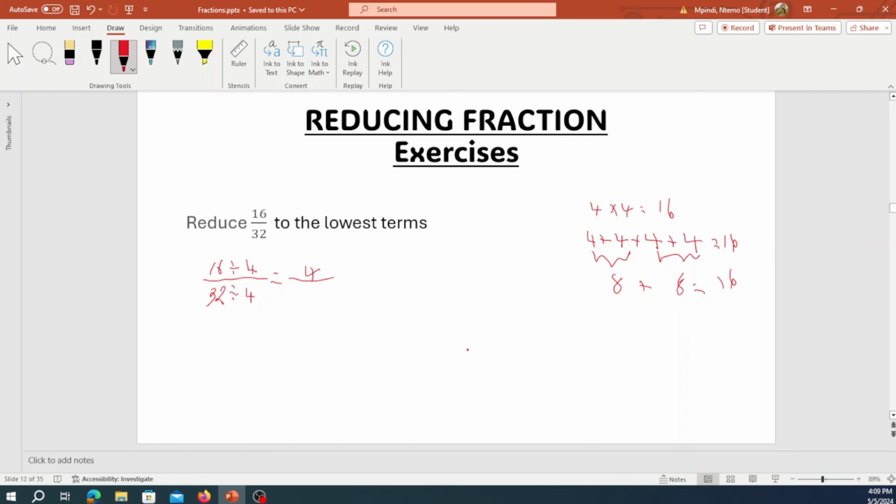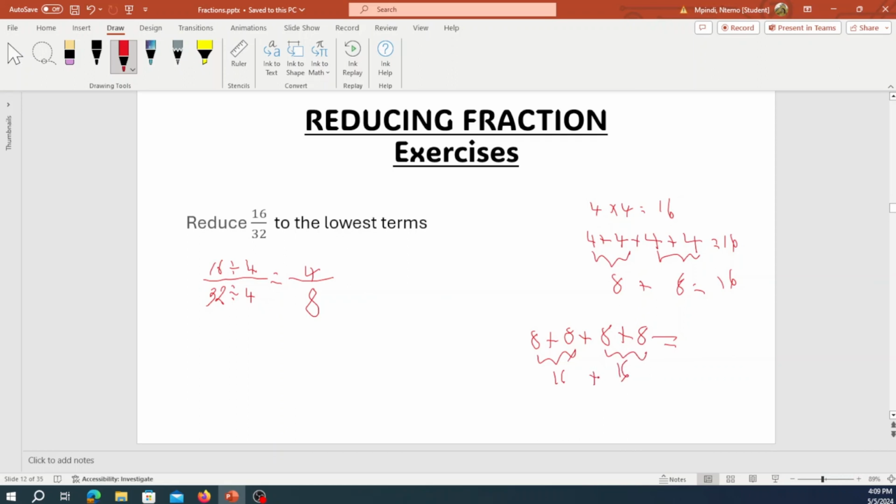So 32 divided by 4 equal what? Equal 8. Okay? Because when you put 8 plus 8 plus 8 plus 8, here 8 plus 8 equal 16.